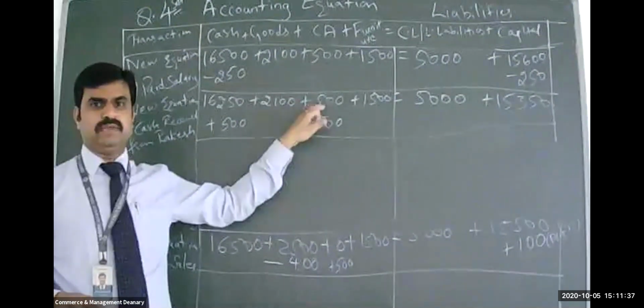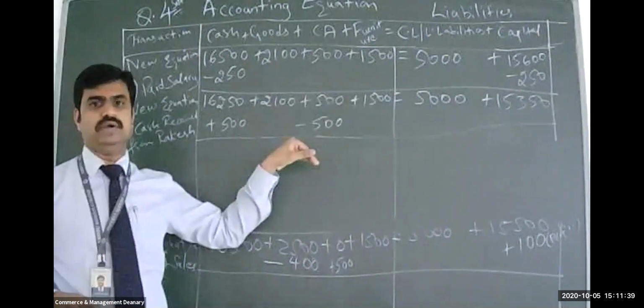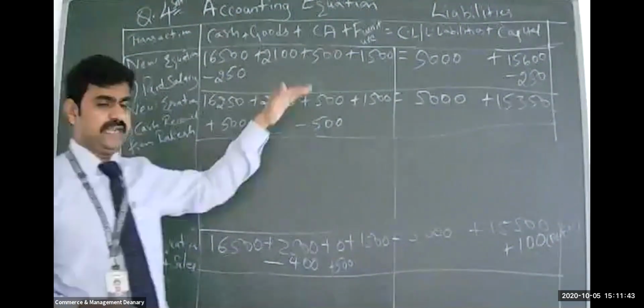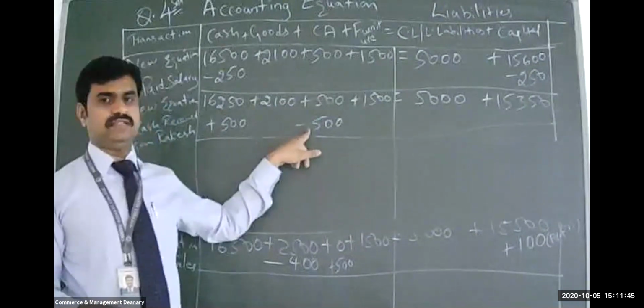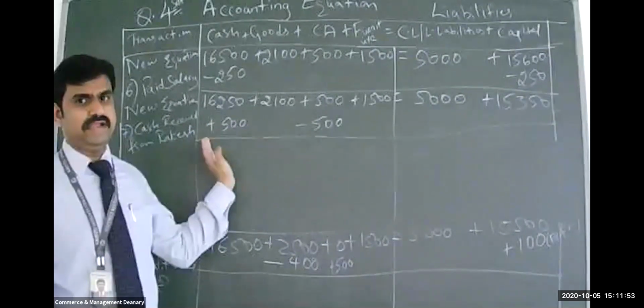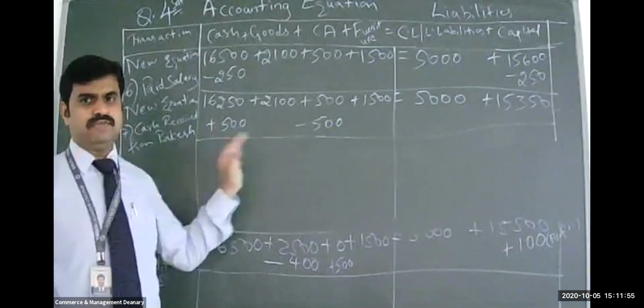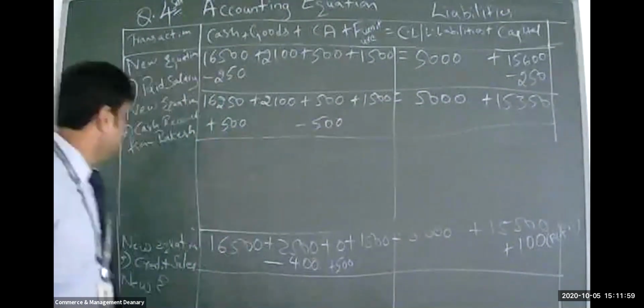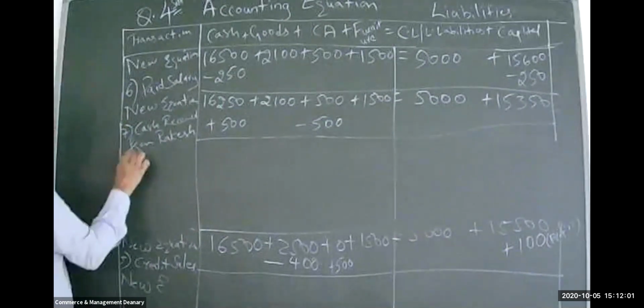So whenever the customer pays, you have to minus from his account. Then cash is coming in, so plus 500. Both are equal, plus 500 and minus 500, so the effect is 0. Nothing to write on the capital and liability side. Now we'll write the next new equation.